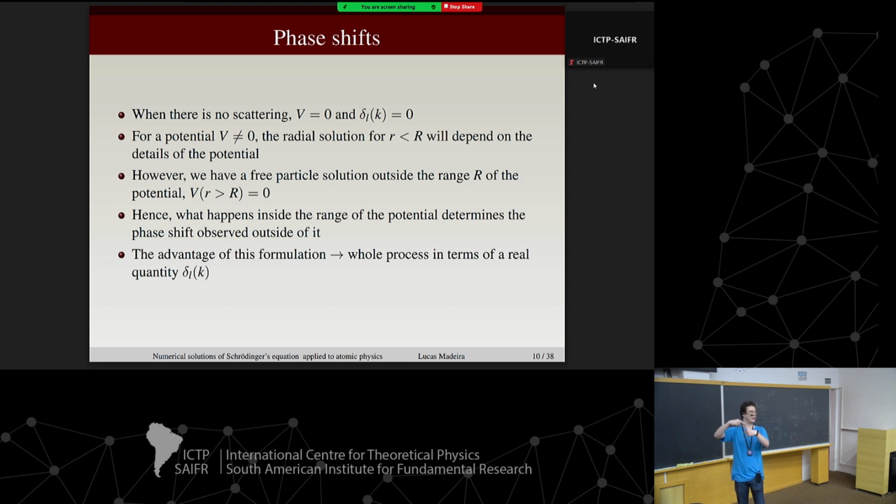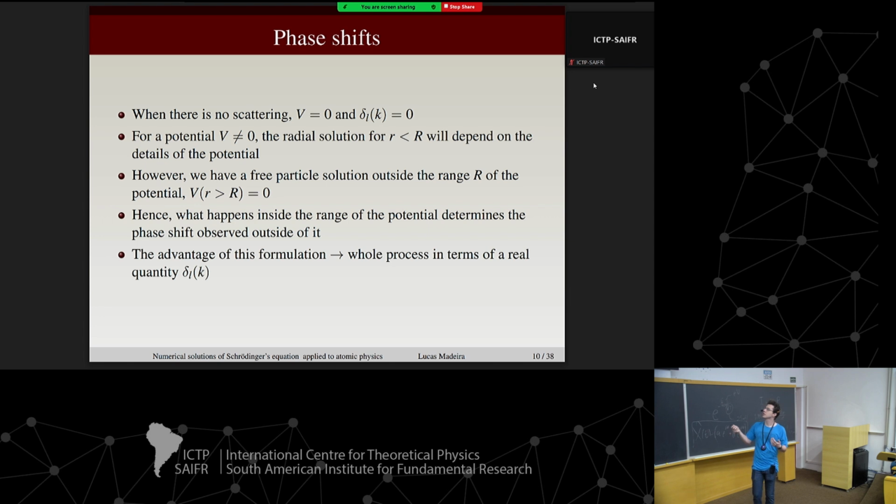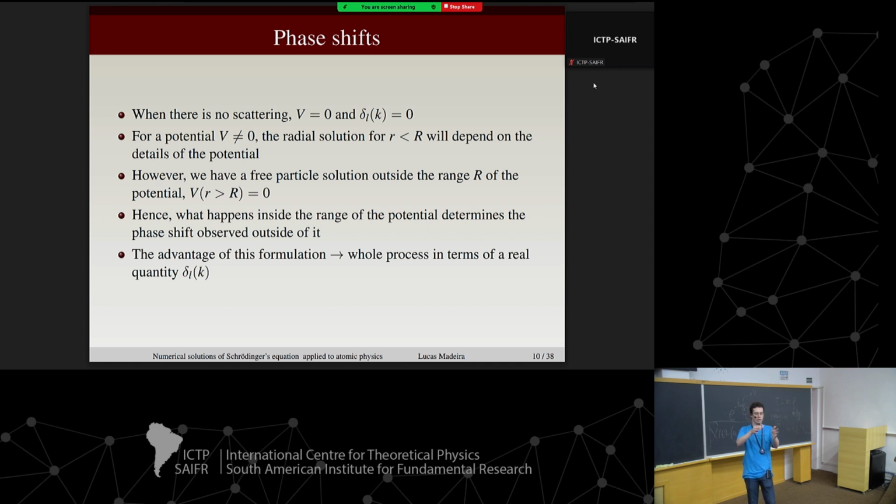And we can think the other way around. If we look at what's going on outside of the range of the potential, we can infer what's going on inside, okay? Good. And the advantage of this formulation of phase shifts is we took scattering and we substituted computing all those quantities by computing just one quantity, and it's real. It's a phase shift. Of course, it depends on the angular momentum components that you're considering and on the energy of your incoming particle. Okay.